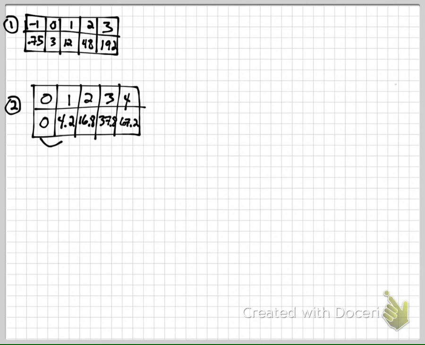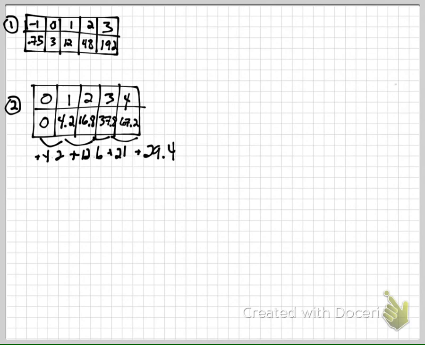Here we go. This first thing, checking if it's linear, it would be plus 4.2, plus 12.6. Okay, clearly not linear. And then this would be plus 21. And then this last one is plus 29.4, 37.8.